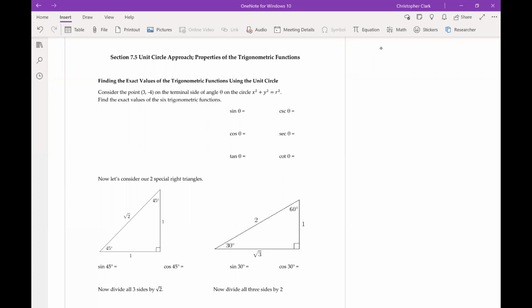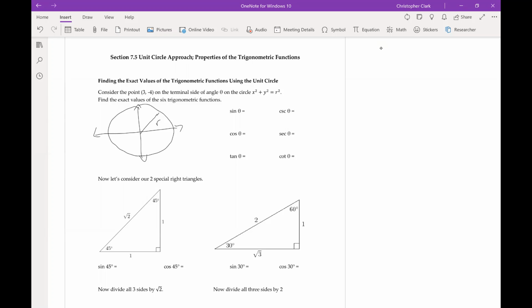So we'll consider the point (3, -4) on the terminal side of some angle theta on the circle x squared plus y squared equals r squared. Now you should remember from algebra that this gives you just our standard circle. Well, it's a pretty bad circle, but yes, it's a standard circle with some radius r.